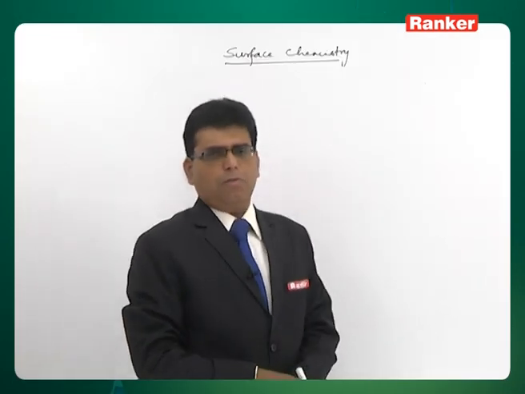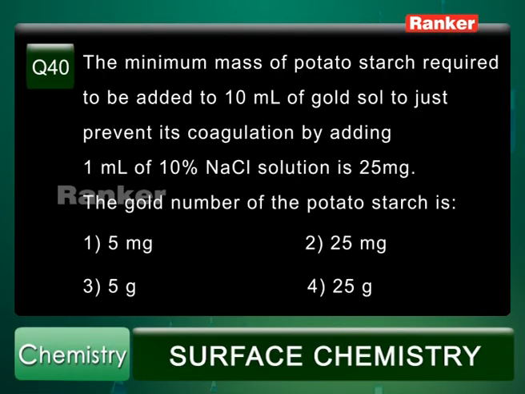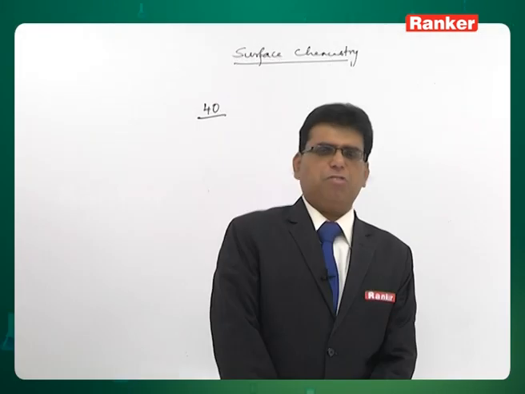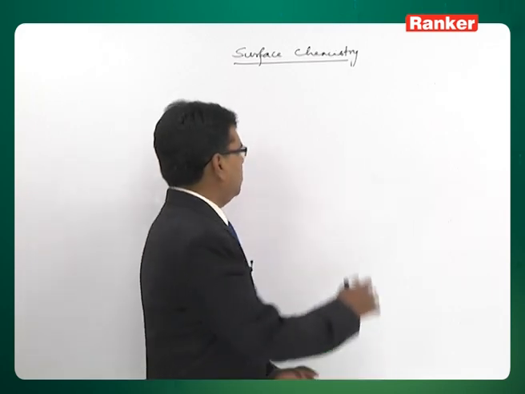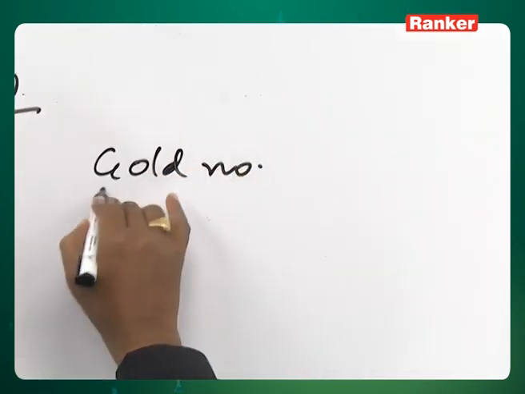Now, let us move on to question number 40. In the question number 40, what it says is, the minimum mass of potato starch required to be added to 10 ml of gold salt to just prevent its coagulation by adding 1 ml of 10% NaCl solution is 25 milligrams. So, the gold number of the potato starch is 25, because what does the definition of gold number say?